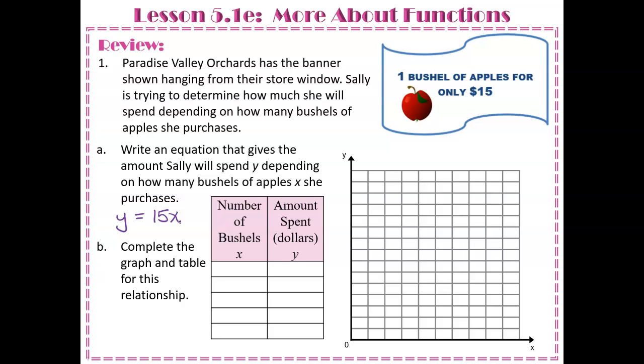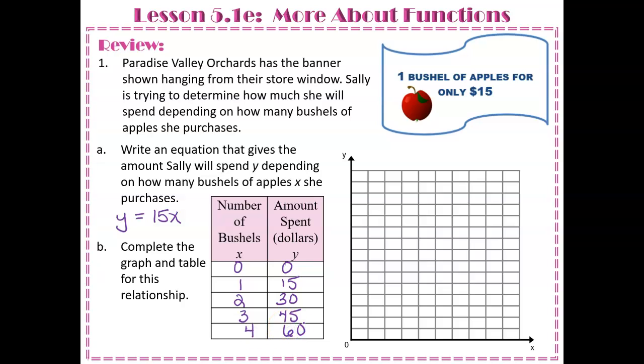So let's fill in that table. We have done this so many times before. If she doesn't buy any, she doesn't spend any. If she buys one, she spends $15. If she buys two, she's at $30. Three, we're looking at $45. Four, she is at $60.